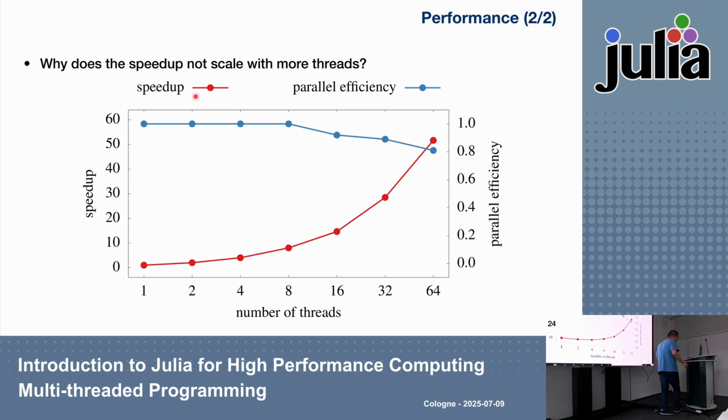And then with 2 threads, the speedup is 2. With 4 threads, speedup is 4, until 8. And then you will see the problem. With 16 threads, the speedup is only 15. With 32, the speedup is 28. With 64, the speedup is roughly 52.